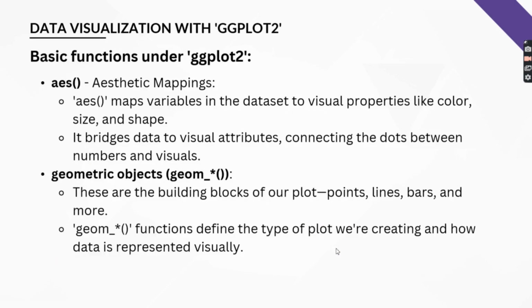Let's go through them. So aesthetics are aesthetic mappings, and we use aes as the function. Now what it does, again, it maps variables. It maps the variables in the dataset to visual properties like color, size, and shape, and it bridges the data to visual attributes. What do I mean by bridges it?